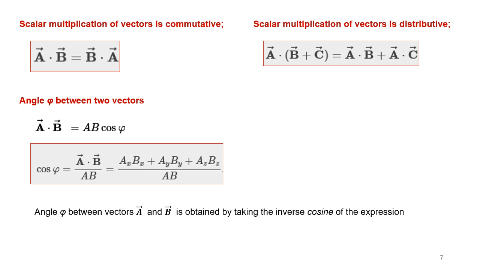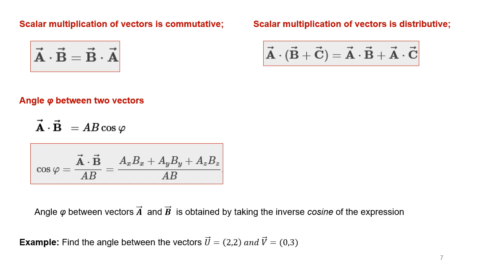Here A is the magnitude of A, and B is the magnitude of B. So cross multiply AB to the denominator, and you can calculate cos phi. A is the root of AX square plus AY square plus AZ square, and B is the root of BX square plus BY square plus BZ square. Using this, you can find the angle by taking cos inverse of this part.